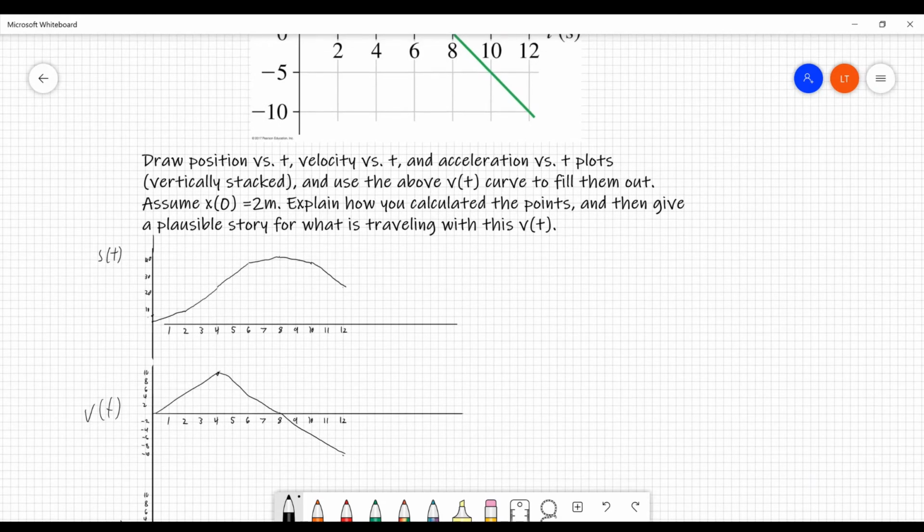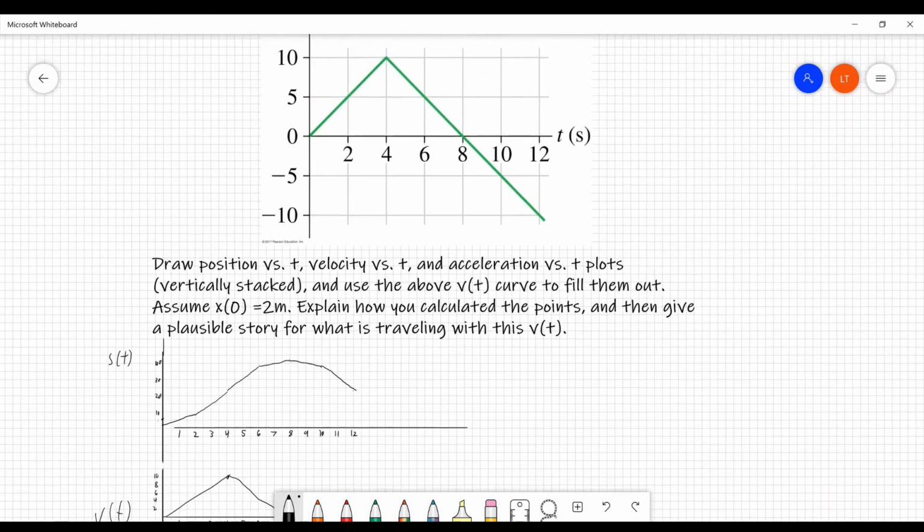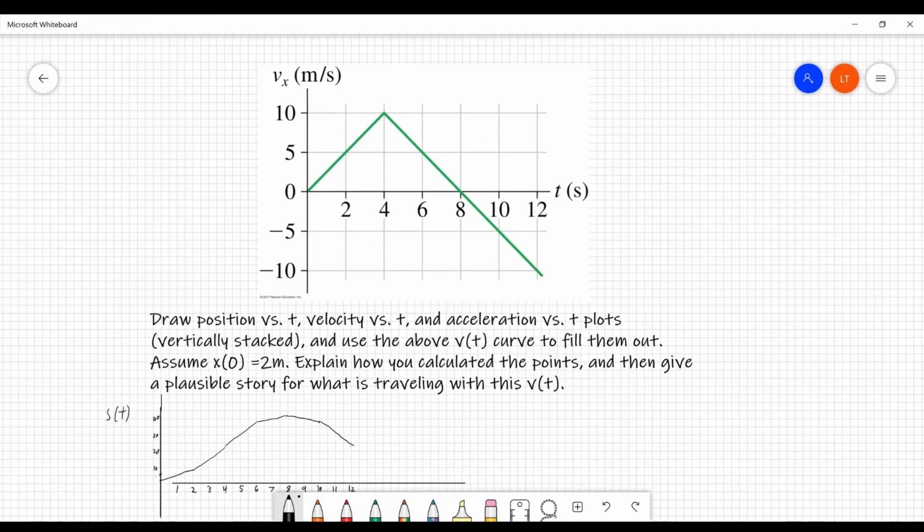And then we go to acceleration. So to get acceleration from a velocity graph, you have to differentiate. So you take the slope of the graph. As we can see, from 0 to 4, the slope seems to be rise over run, 5 over 2.